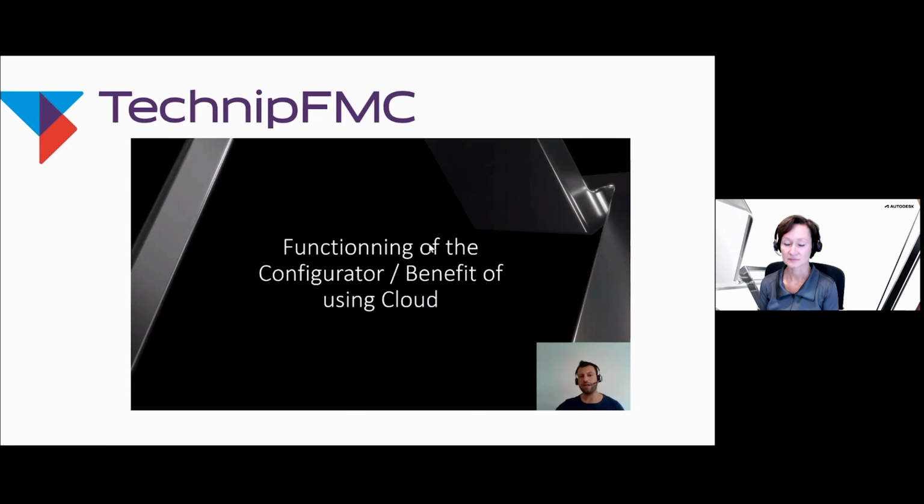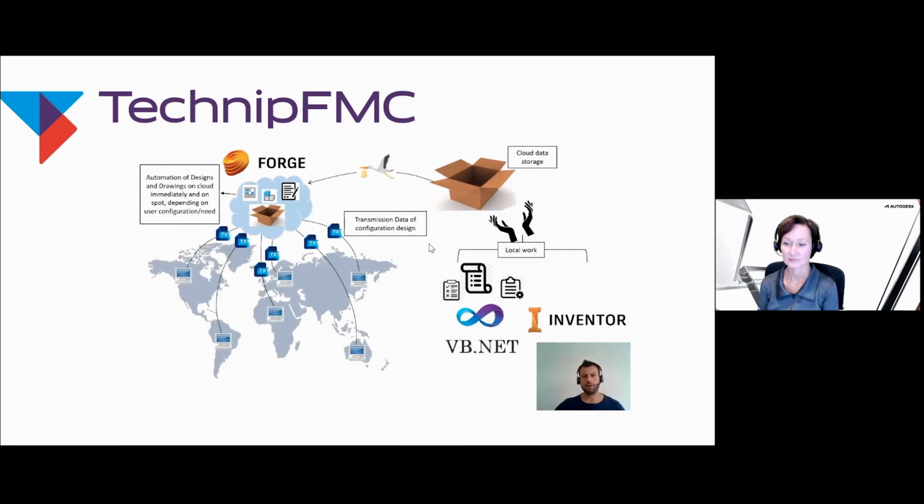How does this configurator function, and what are the benefits of using cloud? As we see here, we are working in our Inventor on our computer, local working. With this local working, we can make a template of each part.